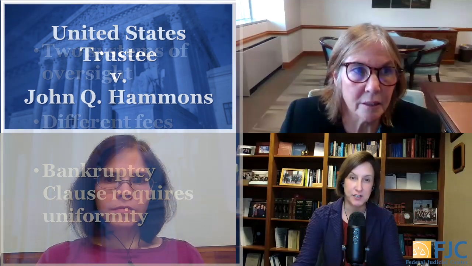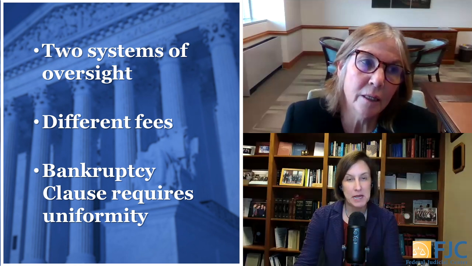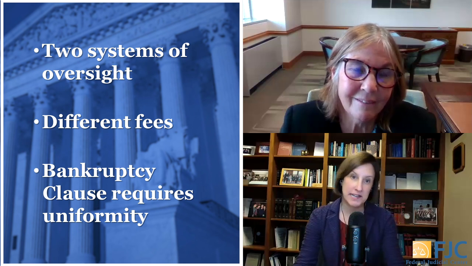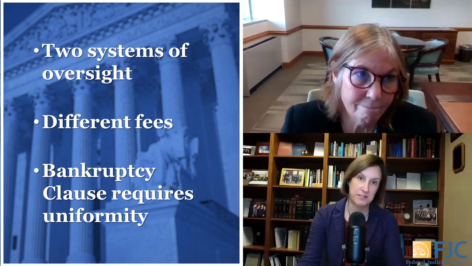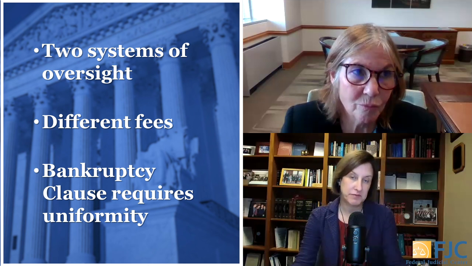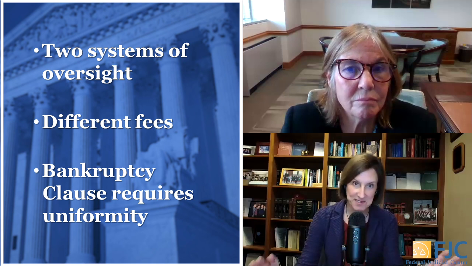So let's start with 3 issues to set the stage. The first, Beth, you've mentioned that we have separate administrative oversight in North Carolina and Alabama, the 6 federal districts there, and everywhere else by the Department of Justice. And that's really important to see for this case.